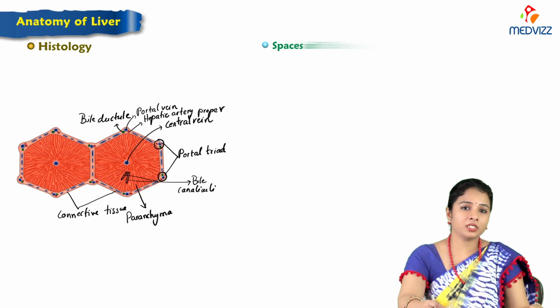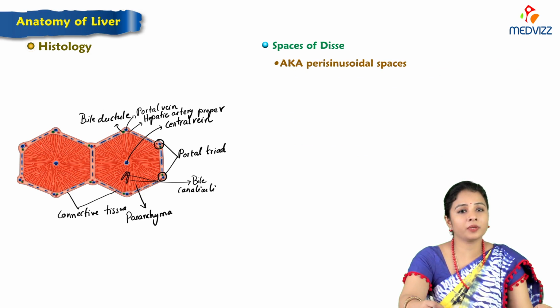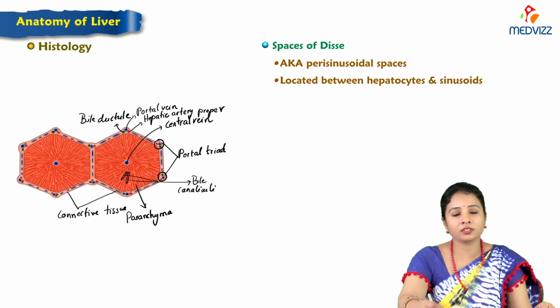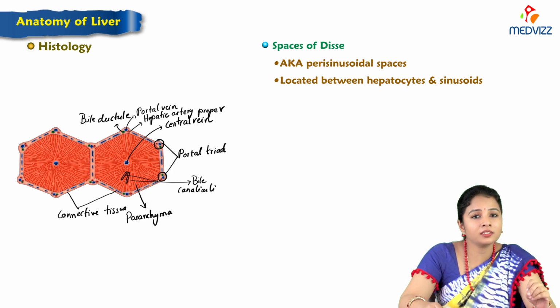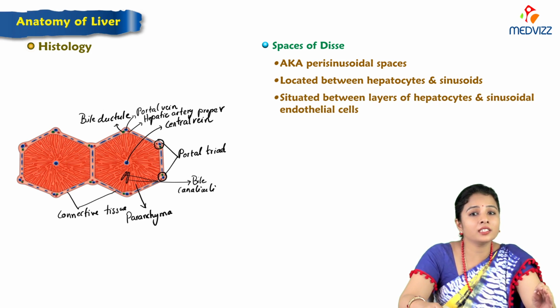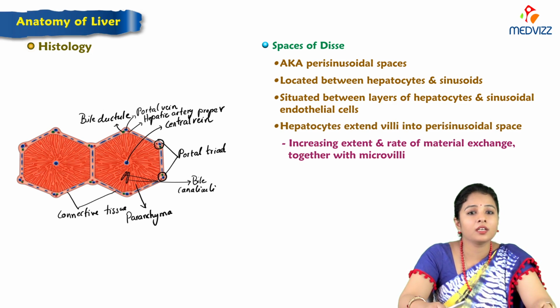Next, regarding the spaces of Disse, which are otherwise called perisinusoidal spaces, which are located between the hepatocytes and sinusoids. You can appreciate this space is situated between the layers of hepatocytes and sinusoidal endothelial cells. The hepatocytes extend villi into the perisinusoidal space, increasing the extent and the rate of material exchange together with microvilli.